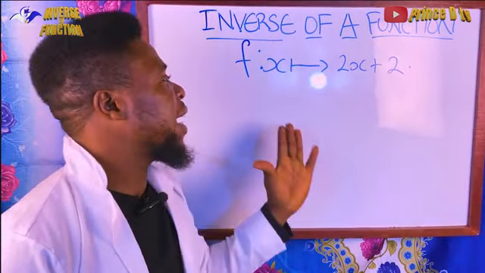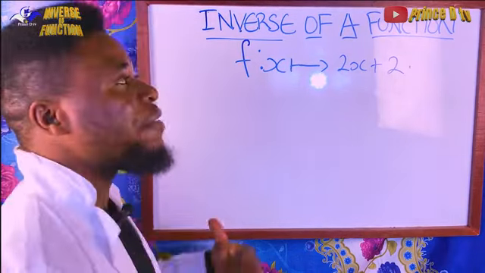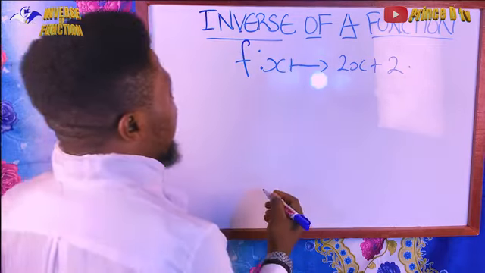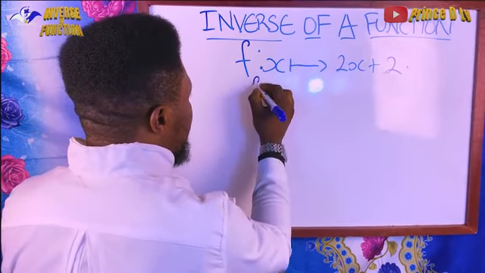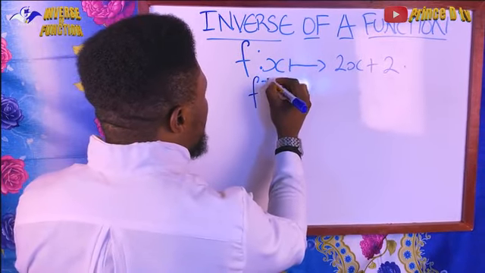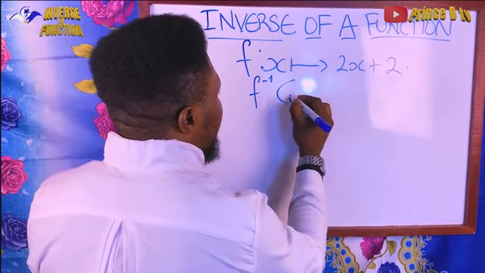Now, what is the inverse of such a function? First of all, we have a notation for the inverse of a function. If this is f of x, the inverse will simply be f raised to the power minus 1. So the minus 1 simply means inverse.